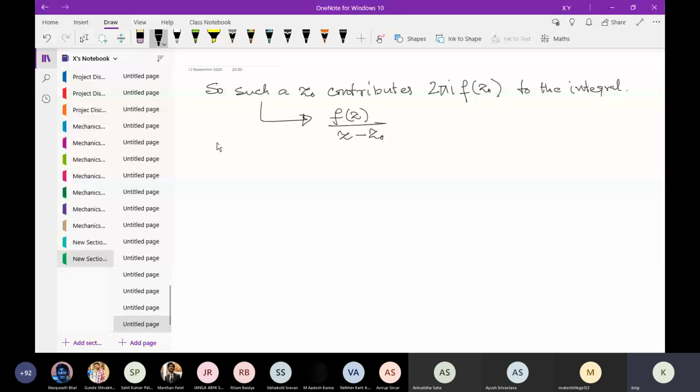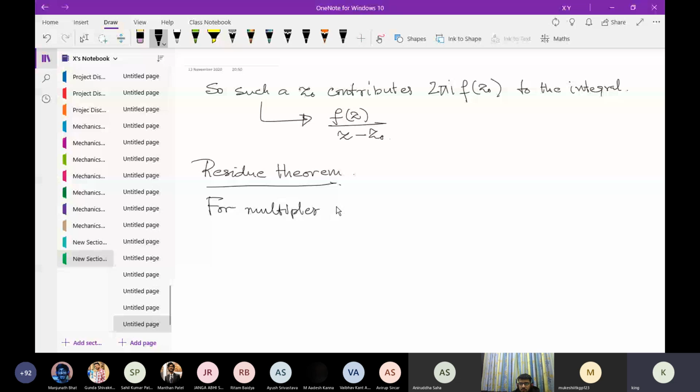And an extension of this is the residue theorem, which essentially states that, what do we have?